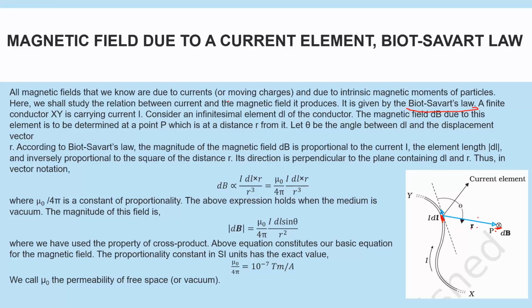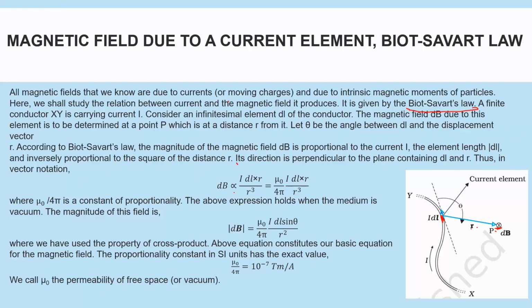Since there is a magnetic field over here, there would be some displacement also. So there is a displacement vector r. According to the Biot-Savart's law, the magnitude of the magnetic field dB is proportional to the current I, the element length dl, and inversely proportional to the square of the distance r.